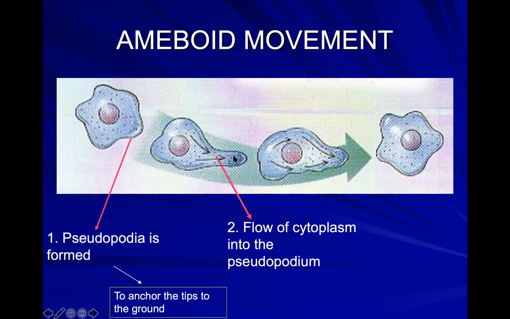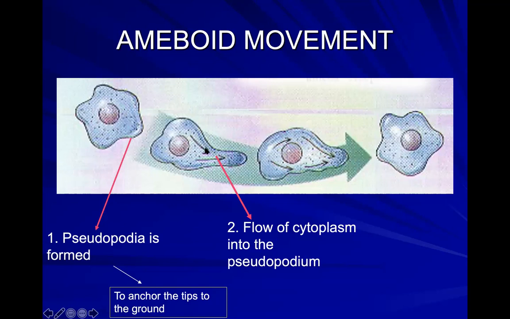What will happen is that the cytoplasm will flow into the pseudopodia. Because here, this is pseudopodia, if it wants to move forward, the cytoplasm will move towards pseudopodia. This will enable the amoeba to move forward.